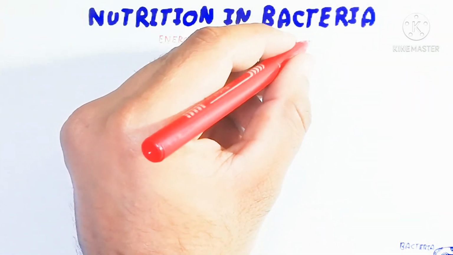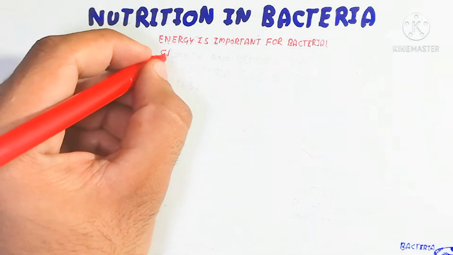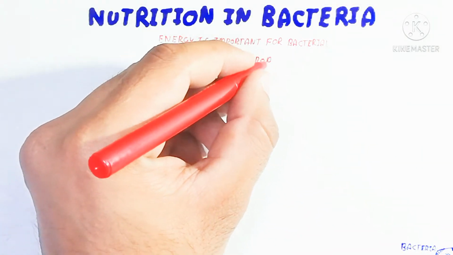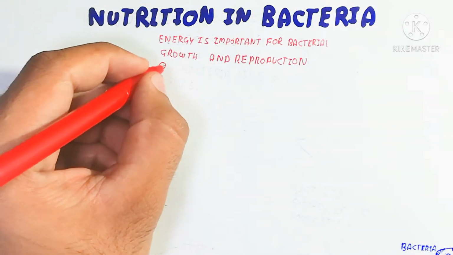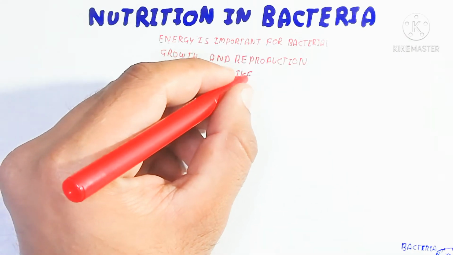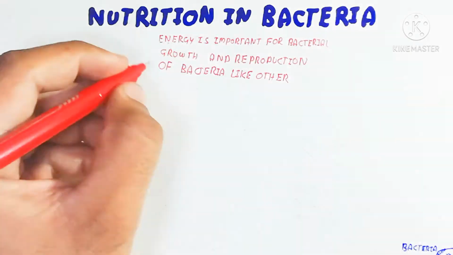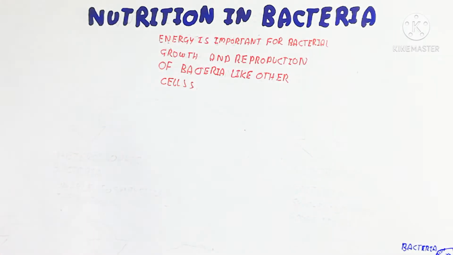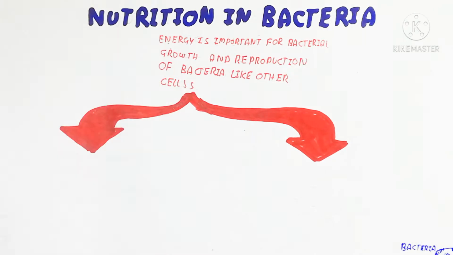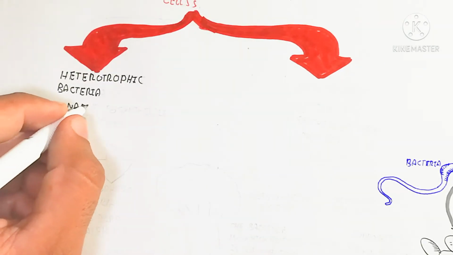Growth is required due to energy and reproduction of bacteria, like other cells. So bacteria are living organisms compared to viruses, because a virus lives inside the human or animal body, while in the outside environment it is in a dead stage.